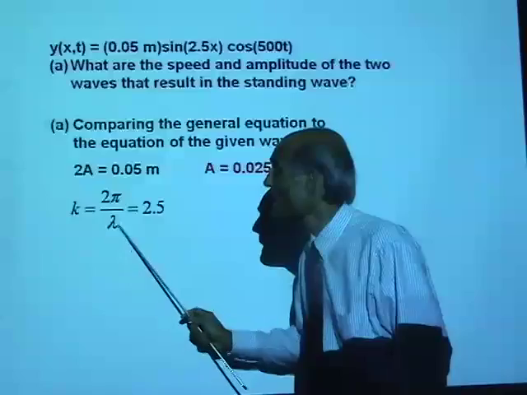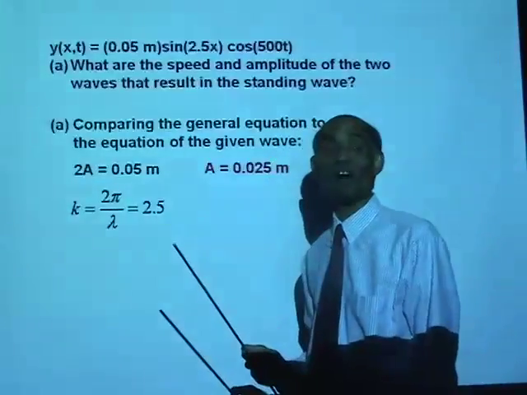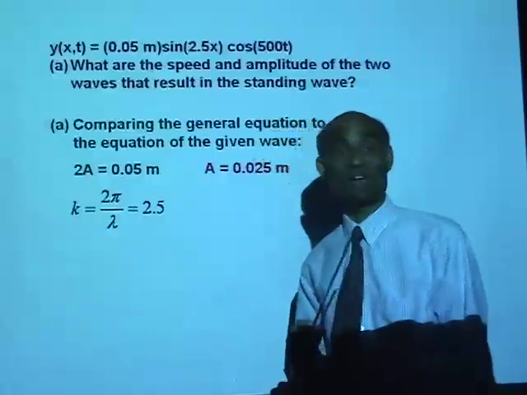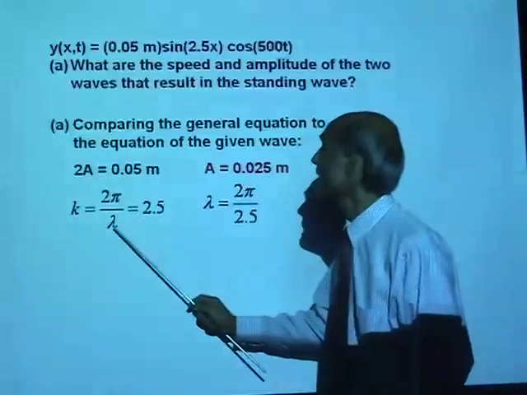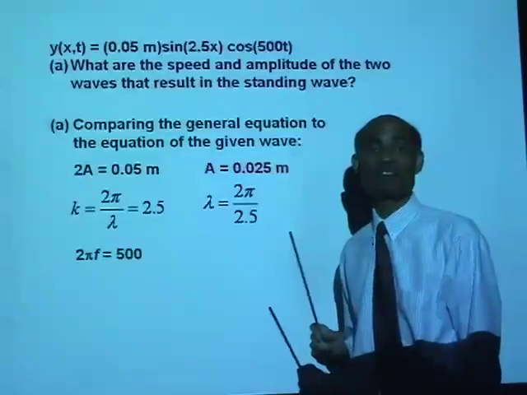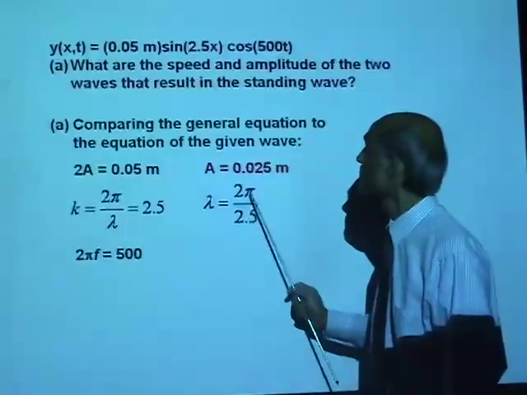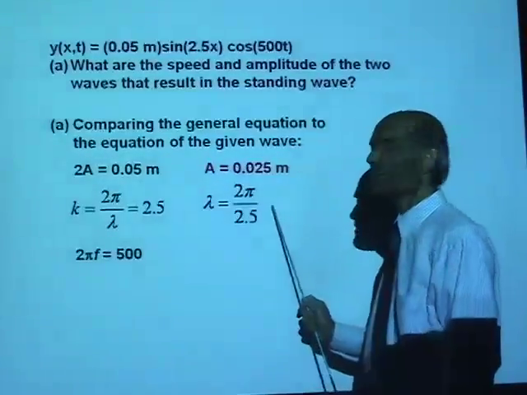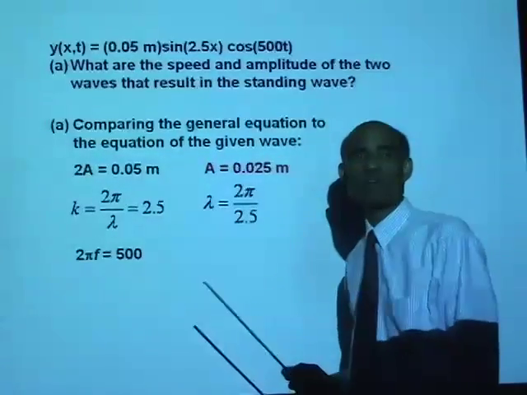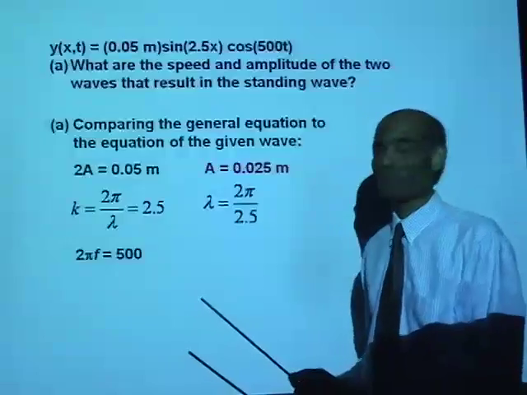So 2 pi by lambda equal to 2.5. We can obtain wavelength right away from there. So wavelength lambda equal to 2 pi divided by 2.5, and you can calculate that on your own. What is that 2 pi divided by 2.5?